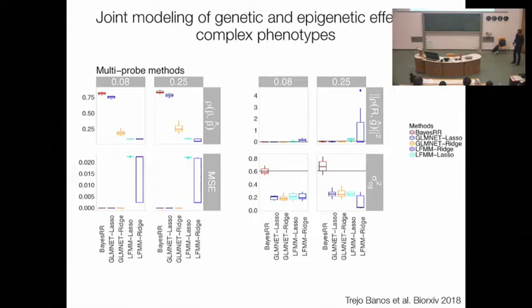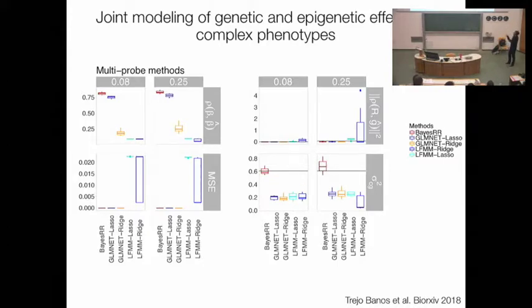We tested our approach against GLMNet, Lasso and Ridge, latent factor mixed modeling, again, Lasso and Ridge, according to different amounts of correlation between our effects and the background. So we take the first PC of all the methylation data and created a correlation between our genetic effects or our methylation effects and that latent structure. And what you can see is that we basically control well for it.